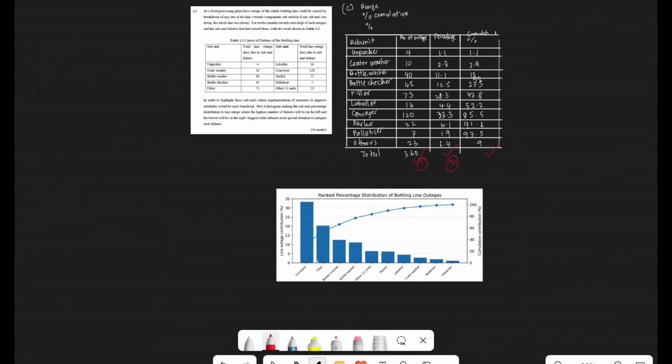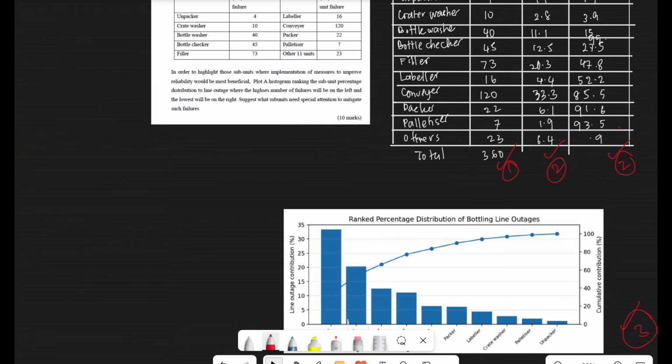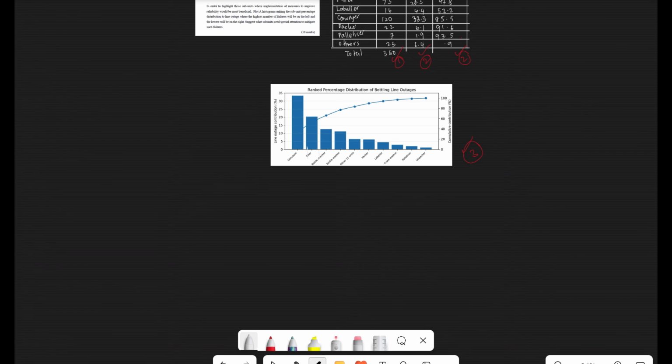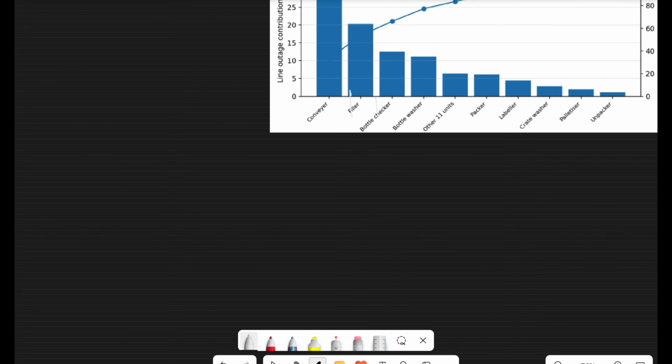Okay, and then this is also 2 marks, and then the graph gets 3 marks. And then you have to suggest what is the attention. Okay, so you have to give a suggestion as well. So that one is another 2 marks.